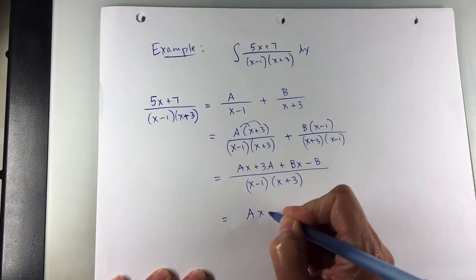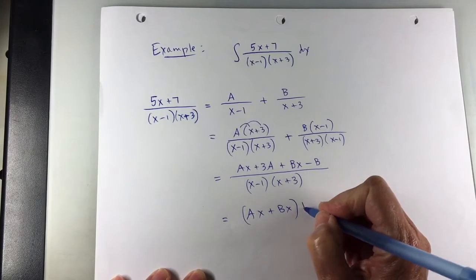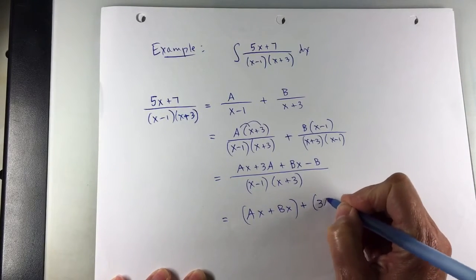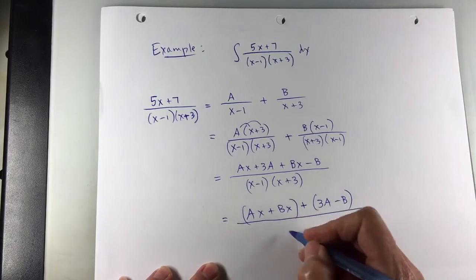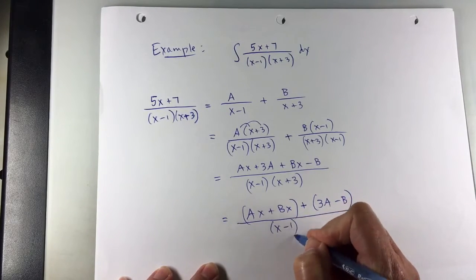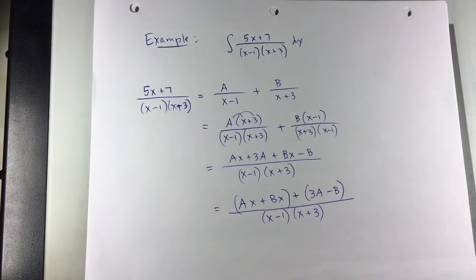So ax plus bx is a like term, and then plus 3a minus b. The ones that have the x's and the ones that have just the constants. 3a is a constant, b is a constant right there.